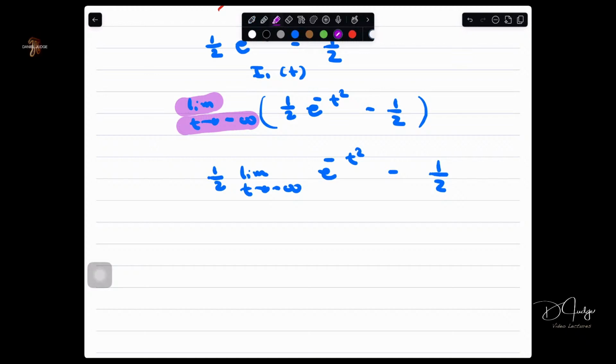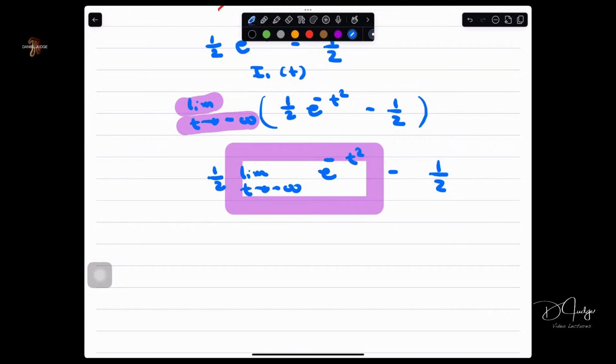Now we have to figure out, where does this go? Okay. So as t goes to minus infinity, we know t squared goes to infinity, which also means minus t squared goes to minus infinity.